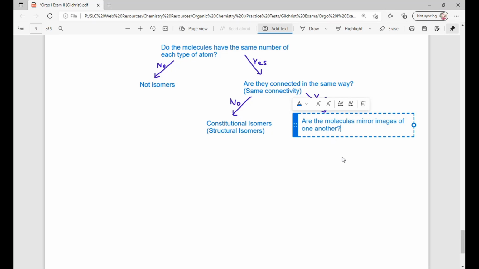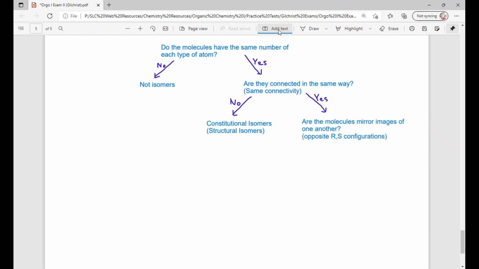And one of the ways you can tell if they're mirror images is they would have opposite RS configurations. So if one is R, the other is S. If one is RR, the other one would be SS. So they have to have the exact opposite RS configuration to be mirror images. Okay.